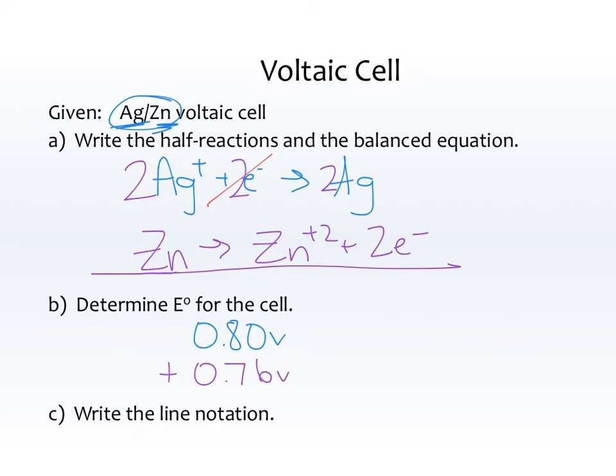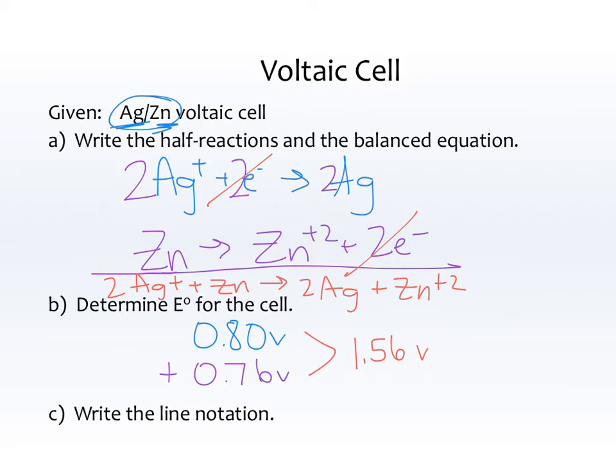The 2 electrons will cancel, so I end up with 2Ag+ and Zn turns into 2Ag and Zn+2. That's your overall reaction. To get your voltage, add these two numbers, 0.8 and 0.76 is 1.56 volts.